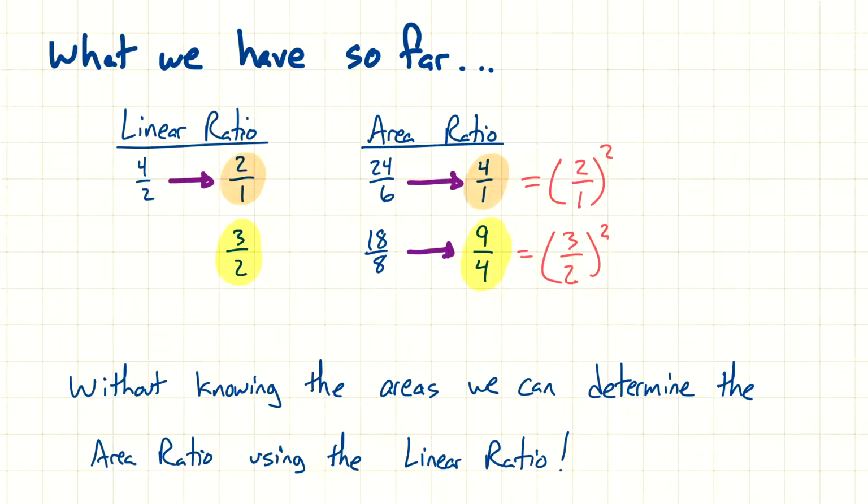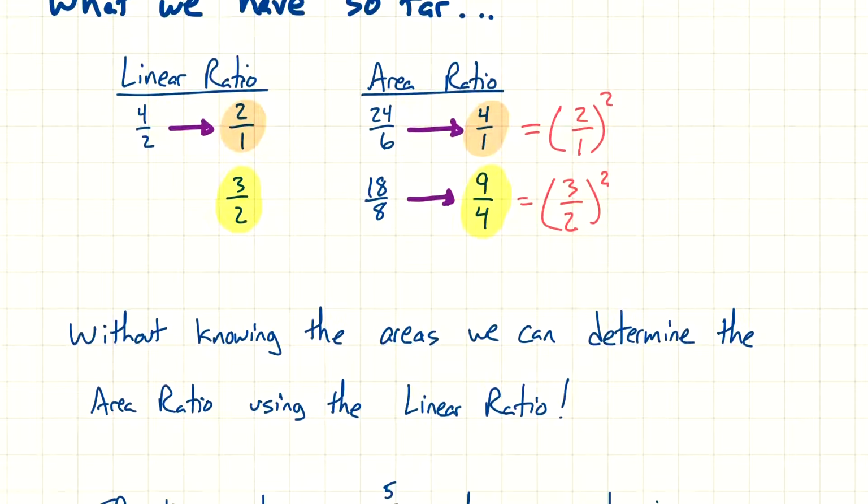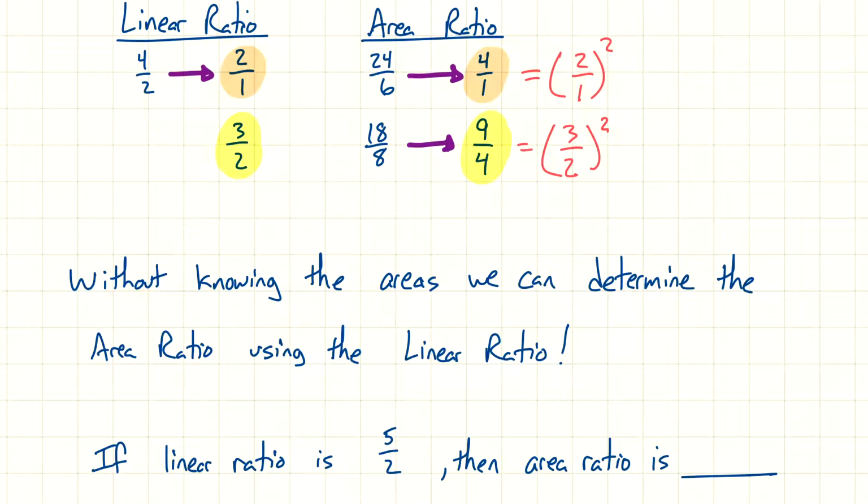Which means we could totally figure out the area ratio just by using the linear ratio. So that's nice, because that means we wouldn't have to calculate any areas in order to figure out what the area ratio is.